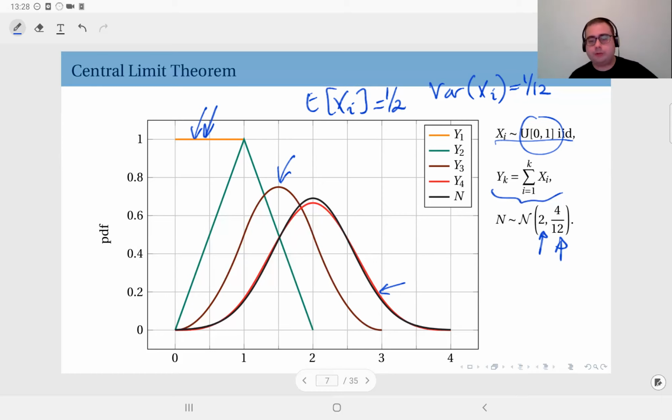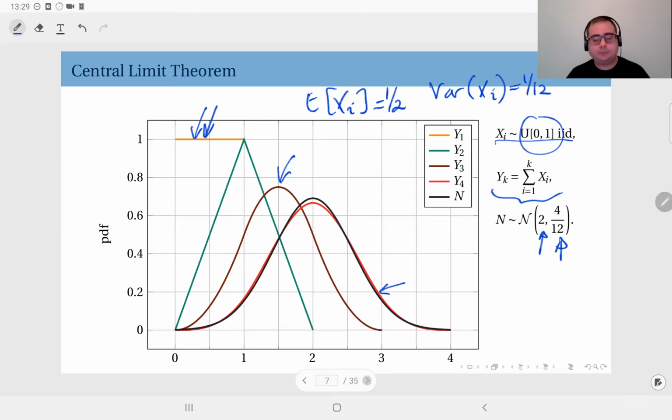Obviously the Gaussian has support on the entire real line, while the sum here has only support from 0 to 4. But we know that the probabilities outside this region are extremely small, so that doesn't make much of an error. So the central limit theorem is quite accurate as long as you have the conditions satisfied: the added random variables are IID and their variances are finite.